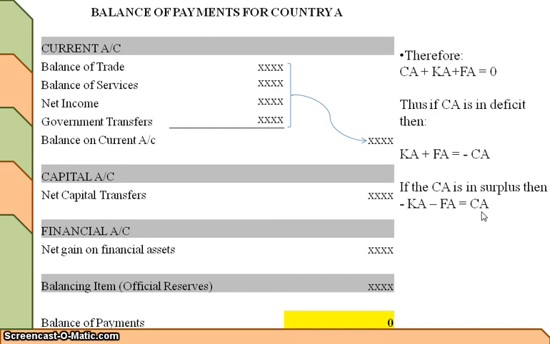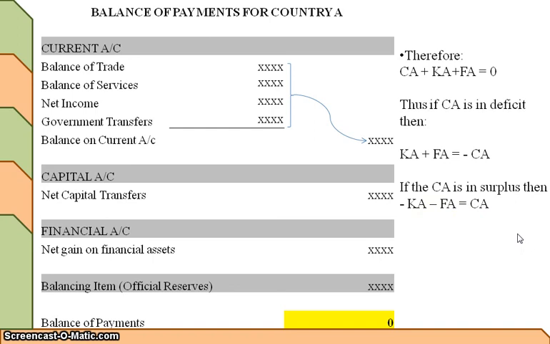And when domestic residents increase their holdings on foreign assets, it will result in a negative or an outflow coming out of your capital and financial account. So therefore, we see that the surplus in your current account is compensated by a deficit in your capital and your financial account. Hence, your balance of payments will always balance.